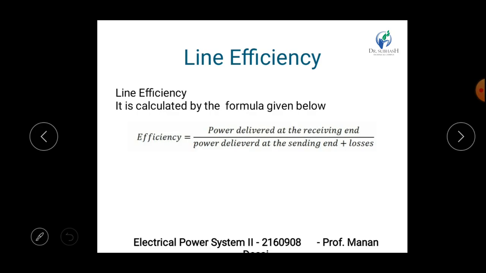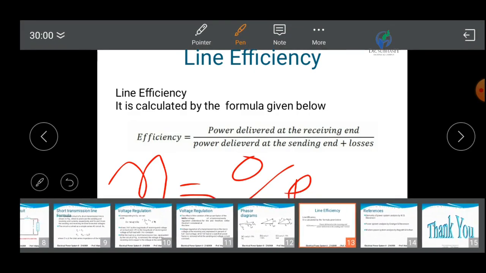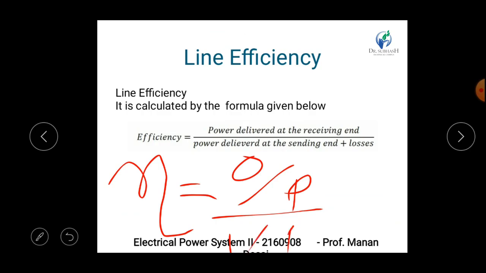Line efficiency is the power delivered at the receiving end upon the power delivered at the sending end, means including losses. So efficiency eta is equal to output upon input, but in input we consider power plus losses.